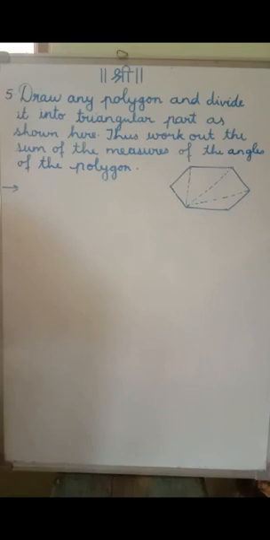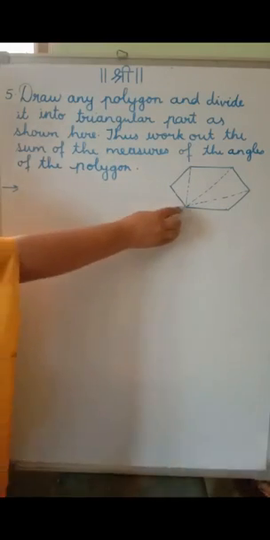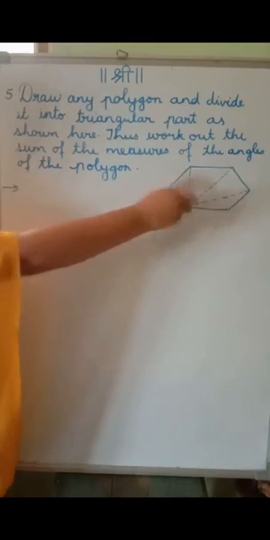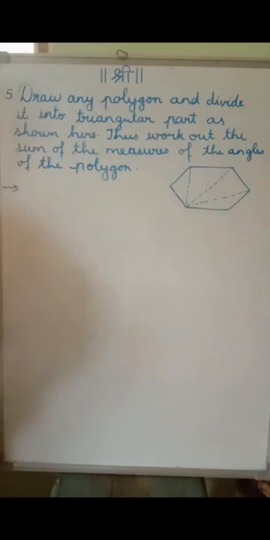Means this is a hexagon. You can also draw a heptagon, pentagon or octagon. After drawing the polygon, we have to divide it into triangular parts. So select any one vertex and from there draw the lines and divide the polygon into triangular parts.